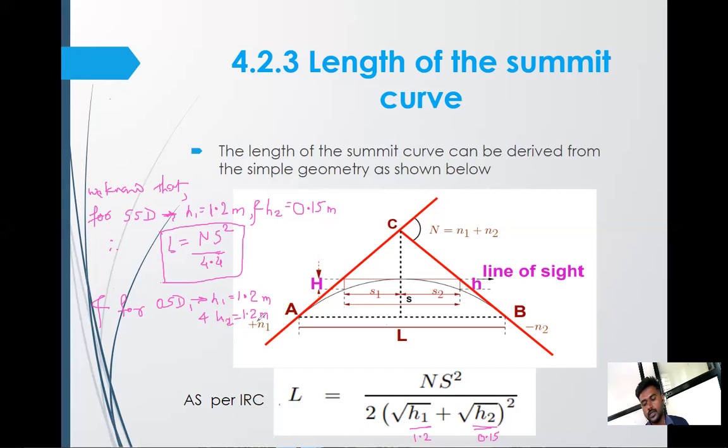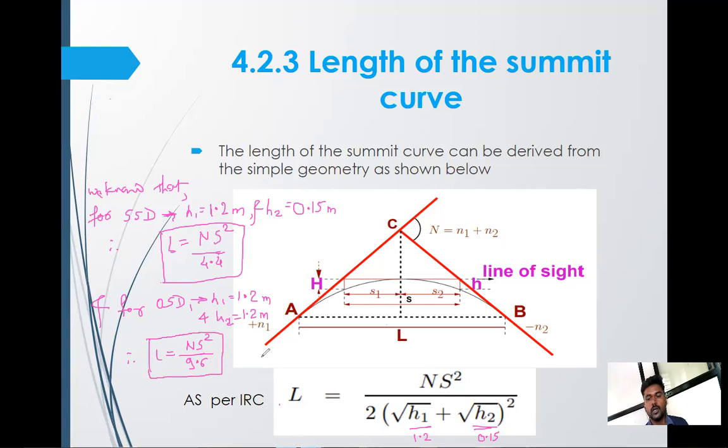Therefore, the formula will become L is equal to N S square divided by 9.6.